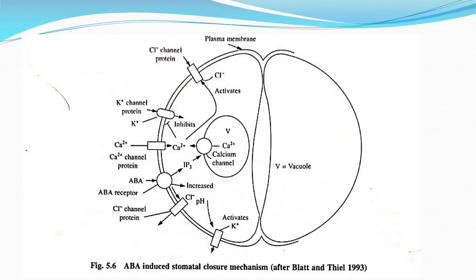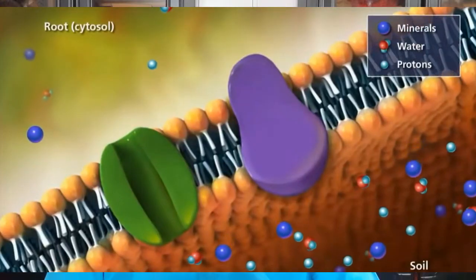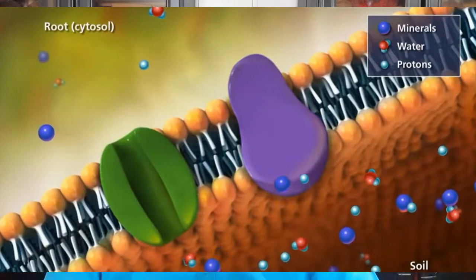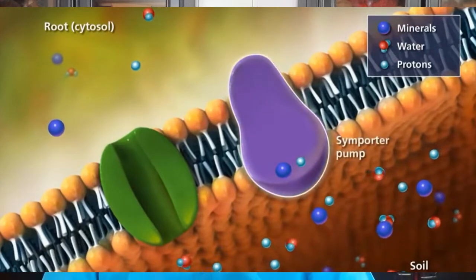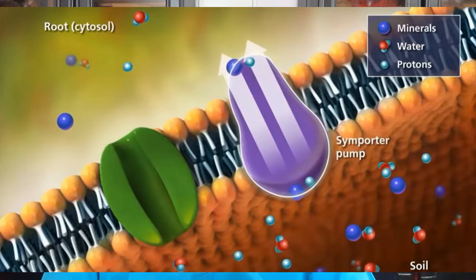This is a mechanism proposed. So this is an illustration of the process. You can see the chloride channels, potassium channels, and calcium channels in the vacuole. All these are interconnected, and abscisic acid plays a very important role in the closing of the stomata during night. Another important thing is the presence of certain specialized proteins called aquaporins in the membrane of guard cells.